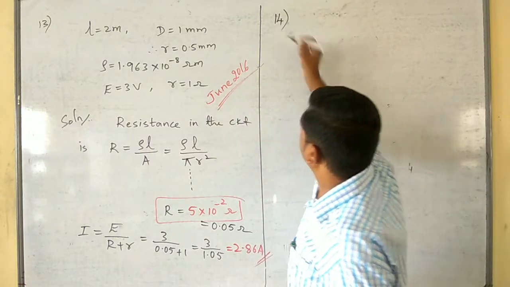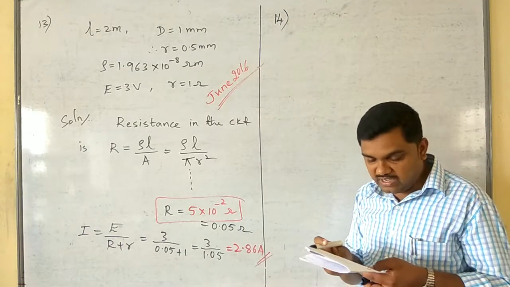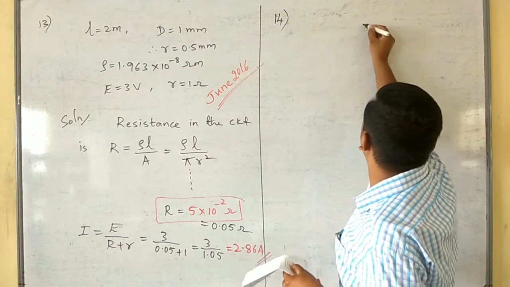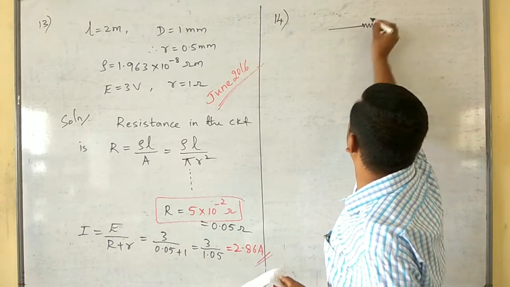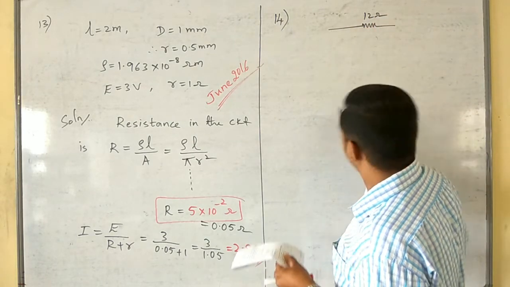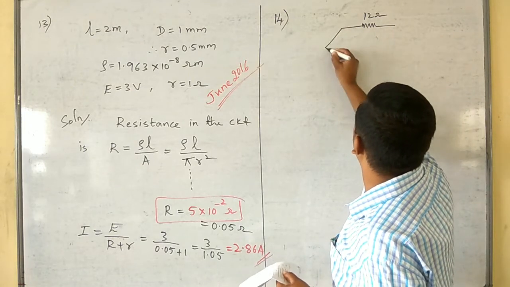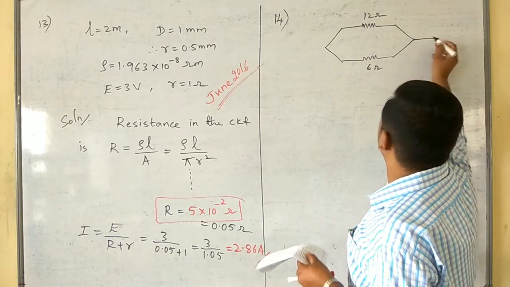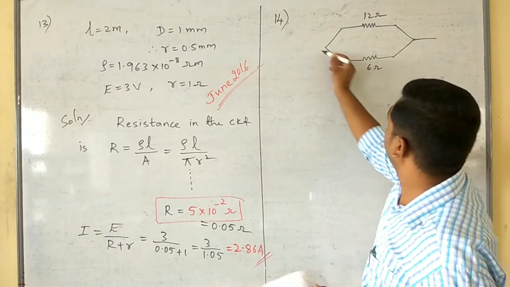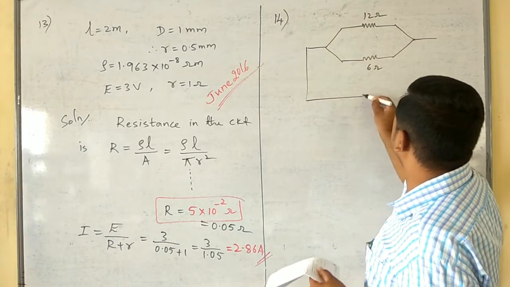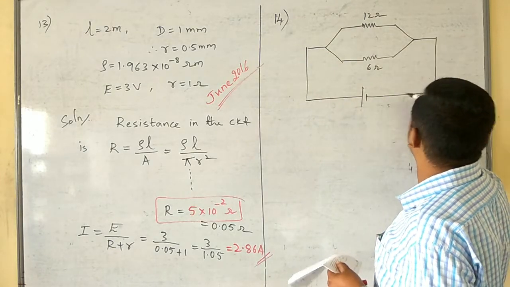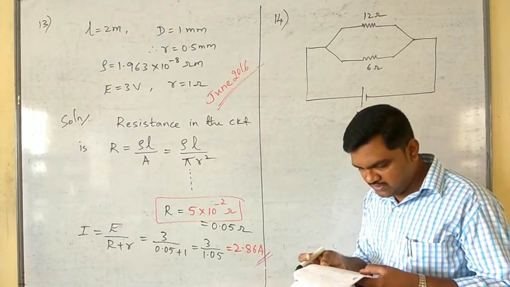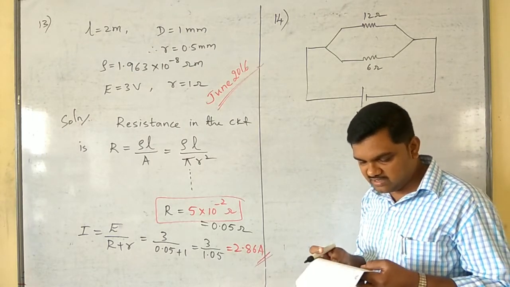If you take a look at the 14th one, a network of resistors is given. So it is 12 ohm. Next one, a 6 ohm resistor is also given, which is connected in parallel. Next, it is connected to a cell whose EMF is 12 volt. The internal resistance is not given here.